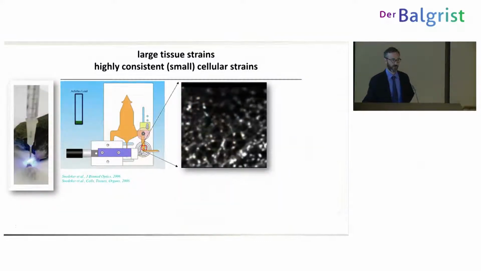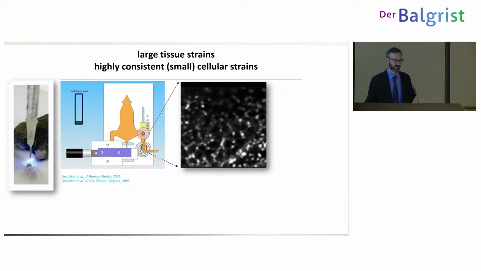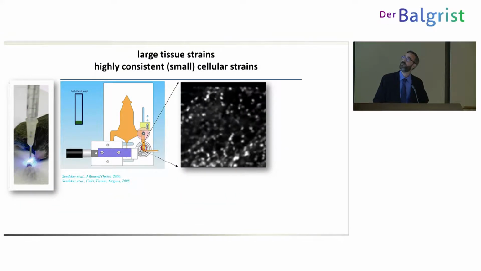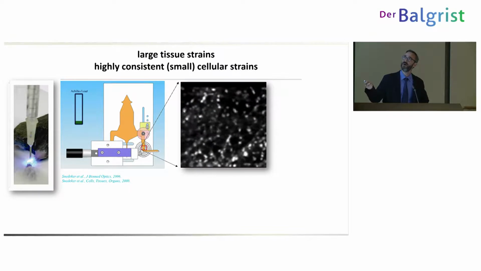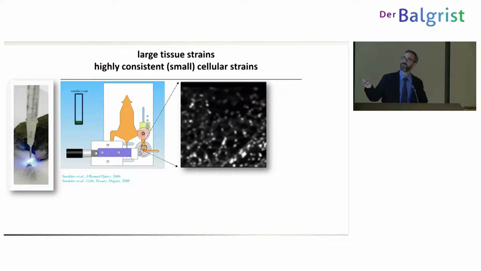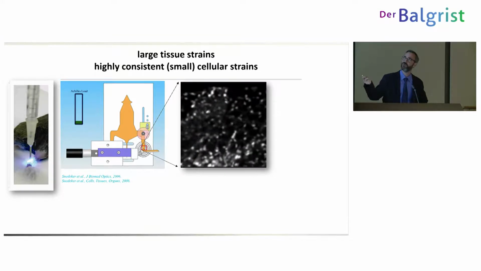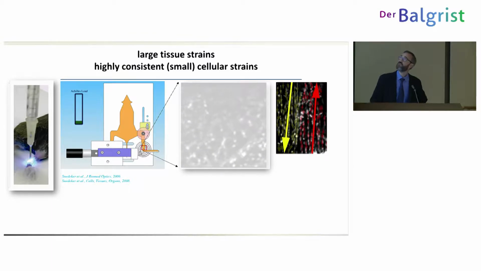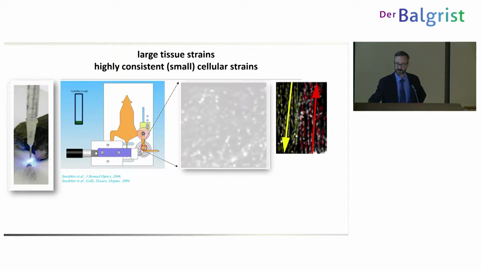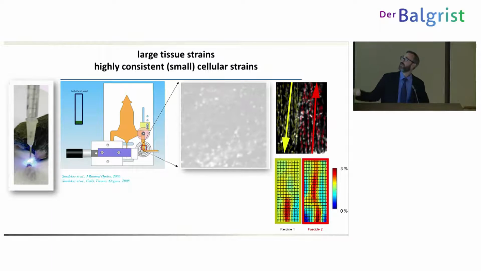The other side of the equation is what happens with overloading. And for the overloading, this is back when I was a baby. I was doing, 12 or 14 years ago, experiments like this where we have a mouse on a little device and we're stretching the Achilles tendon and looking with a fibered microscope at what's going on in the tendon. We can then track the cells as we deform it and start to measure some things on the mechanics side.